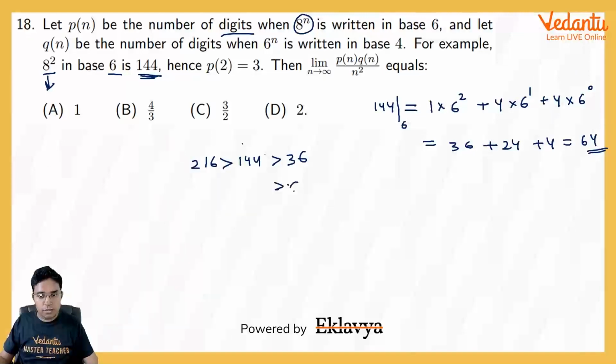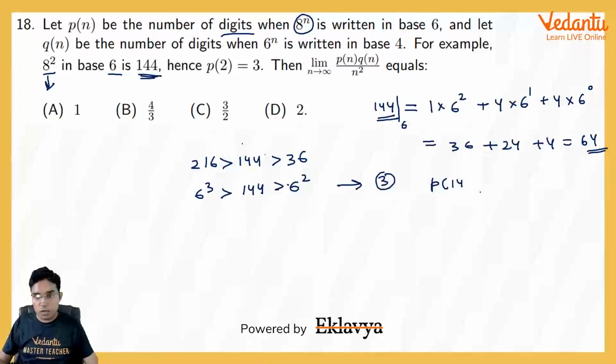Actually, this is 6 power 2 and this is 6 power 3. So the number of digits in this 144 was 3. Or let me write it this way, P of 2 is equal to 3.